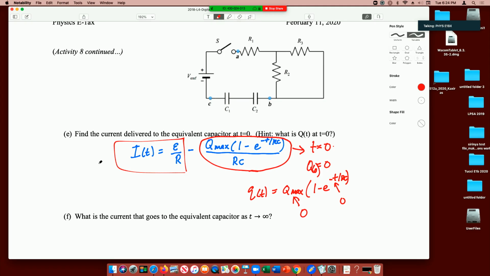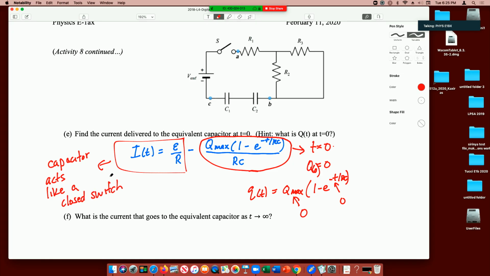So it's like the capacitor is just a closed switch. Do you understand what I mean? There's no impedance to the charge building up on the capacitor because there's no charge there yet. So the capacitor acts like a closed switch.